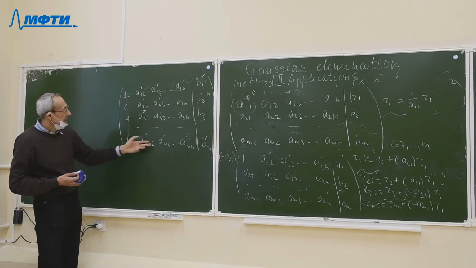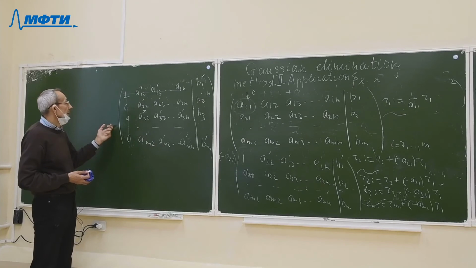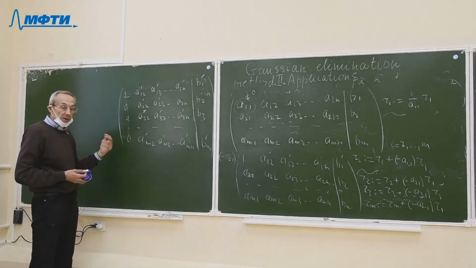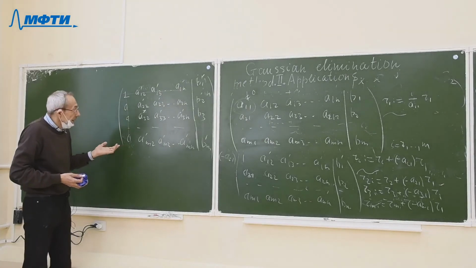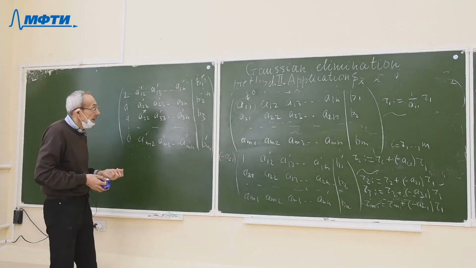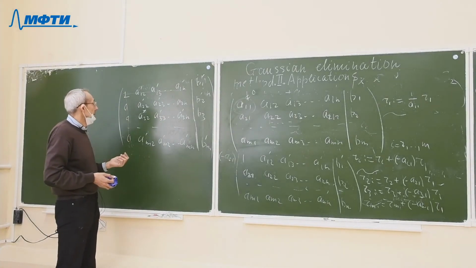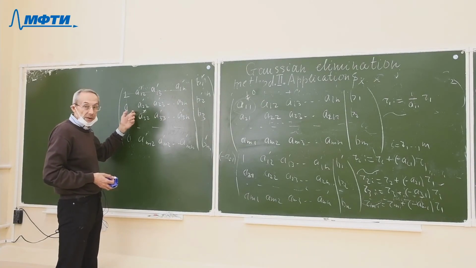The size of this matrix is less than the size of the initial matrix by 1. And after that, we can repeat the previous operations and reduce this matrix to a matrix of smaller size.